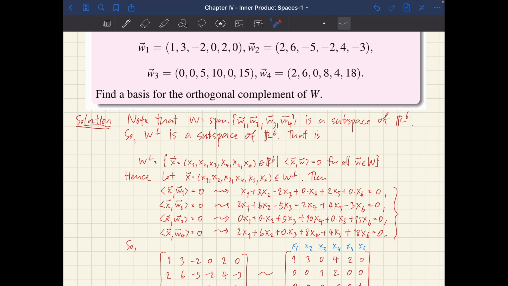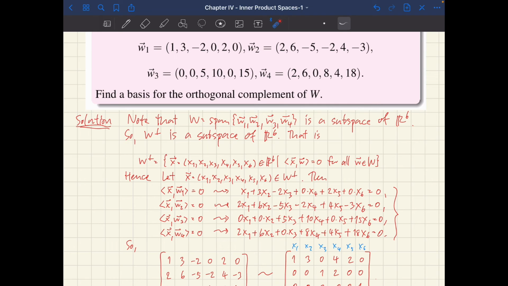Next, the inner product of x and w2 equal to 0 gives the equation 2x1 + 6x2 - 5x3 - 2x4 + 4x5 - 3x6 = 0.